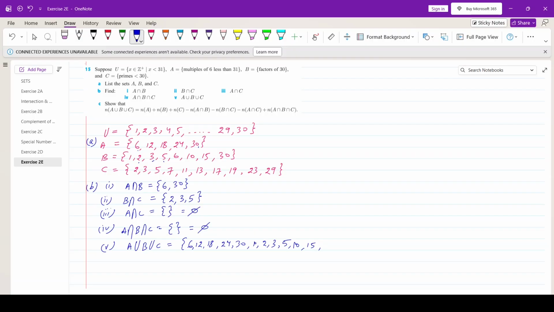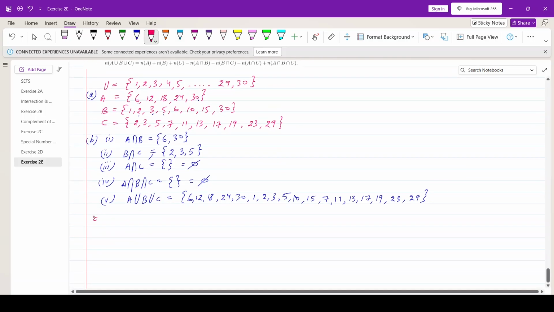Then 2, 3 we have already taken, 5 taken, 7, 11, 13, 17, 19, 23 and 29.